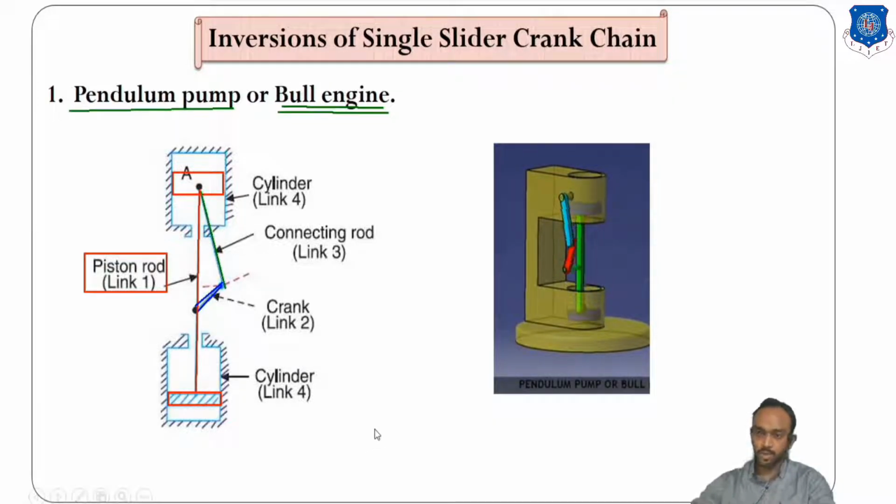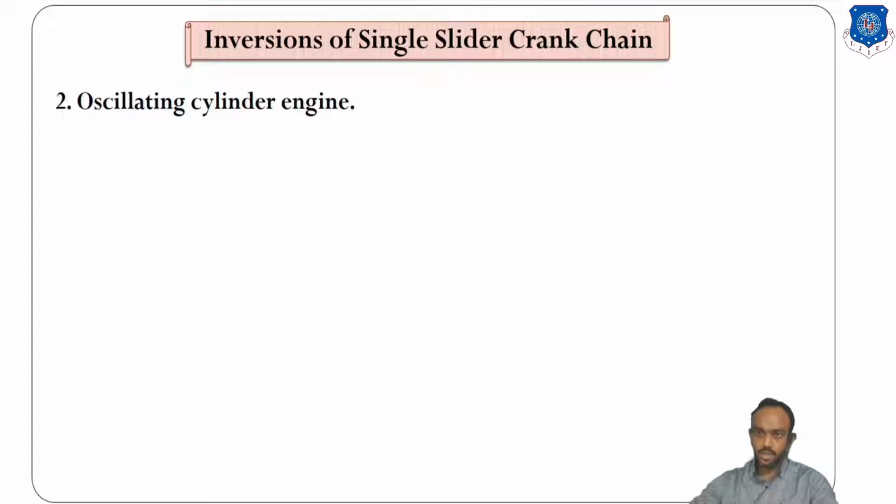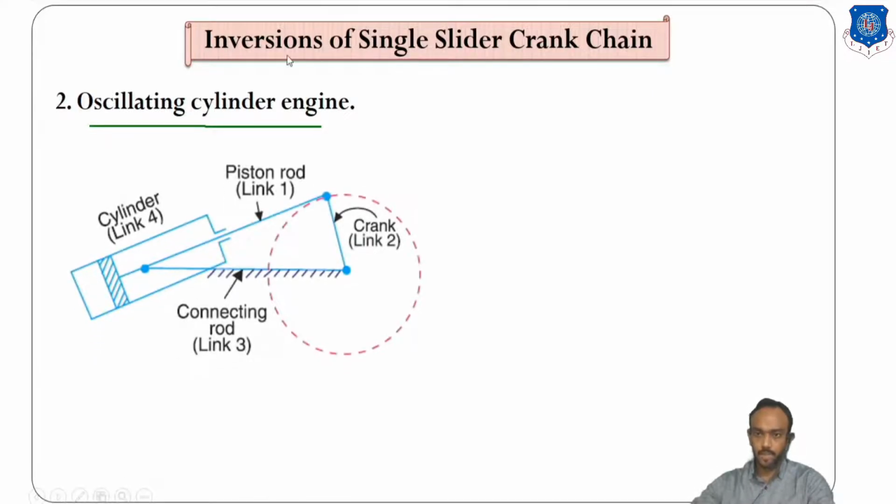Now we go to the next inversion of a single slider, the oscillating cylinder. In the oscillating cylinder, the piston and piston rod are totally fixed together, so they move together and are counted as link number 1.